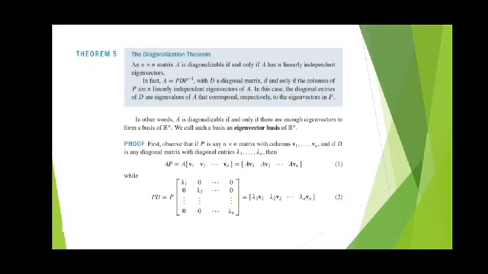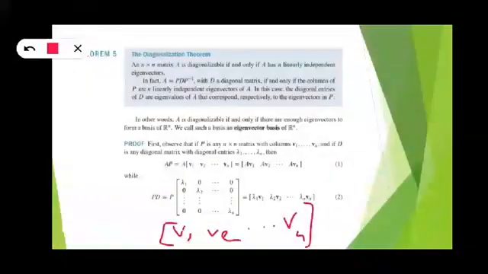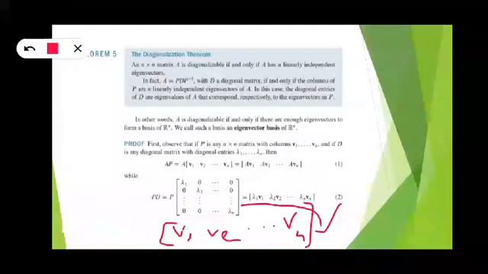Now we take PD. Put P as it is, and D is the diagonal matrix with lambda 1, lambda 2, up to lambda n on the diagonal and zeros elsewhere. The columns of P are v1, v2, up to vn. Multiplying, the first column is lambda 1 v1, since the remaining terms are zeros.